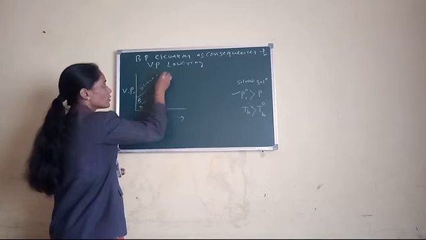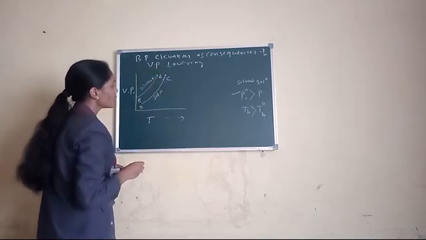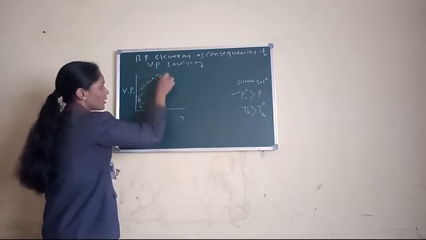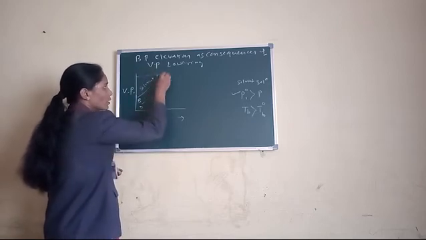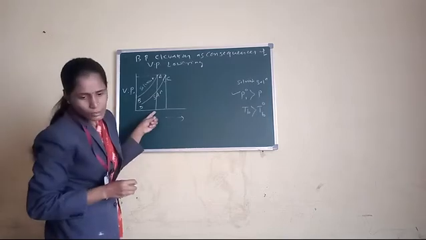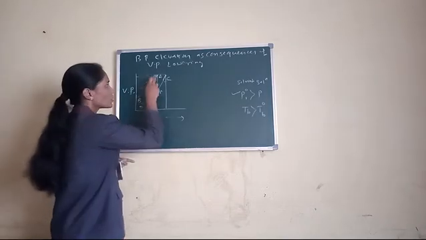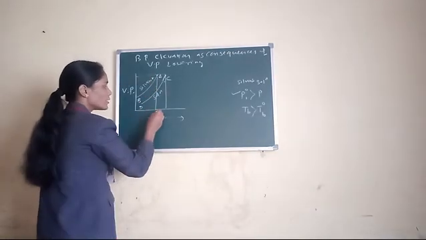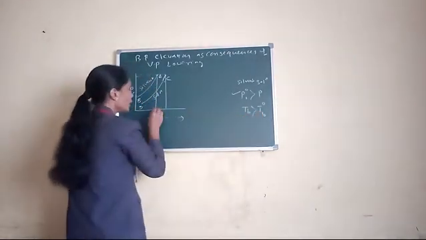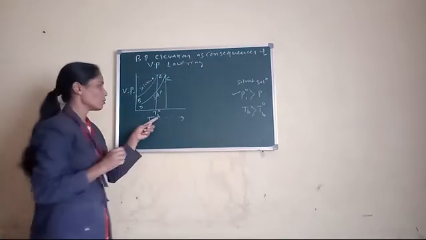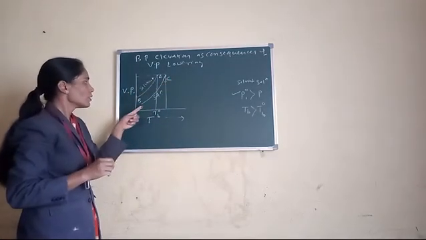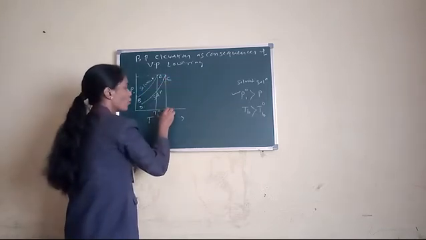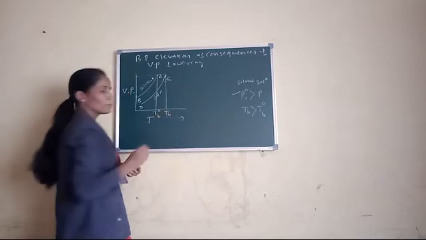Here we discuss both points, A and C, having the same vapor pressure, but different temperatures. Point A for the solvent has temperature T naught B, and point C for the solution means the solution has boiling point TB.